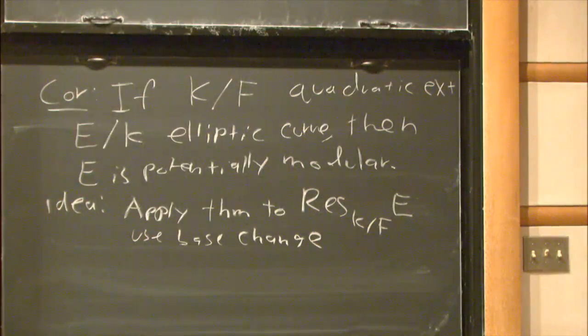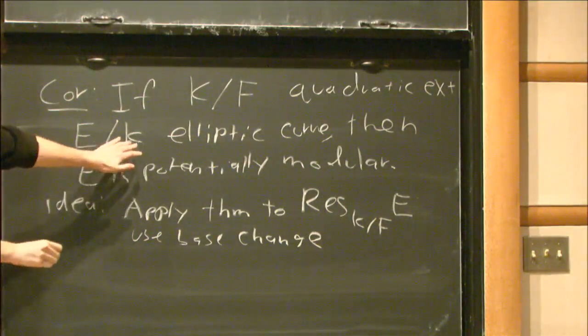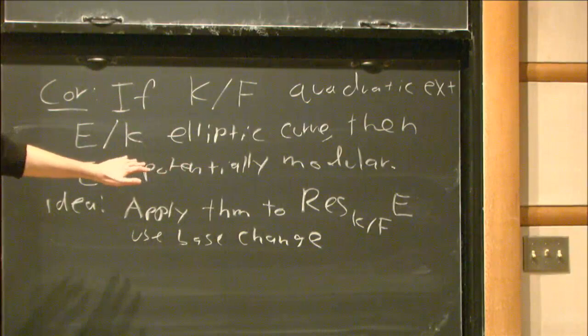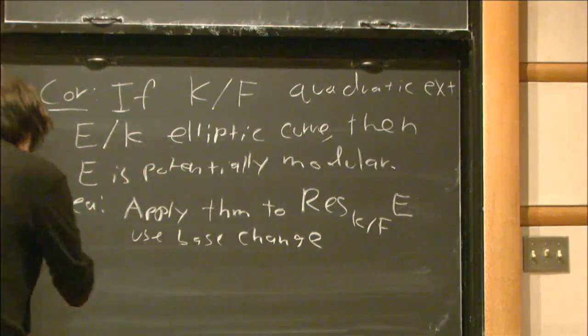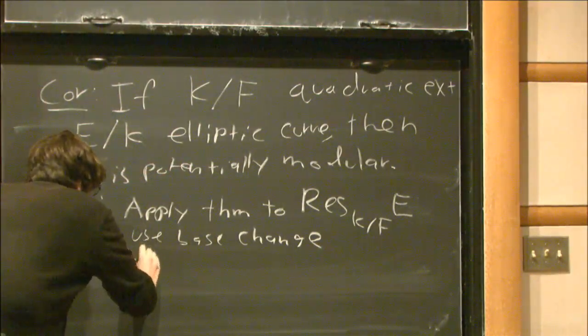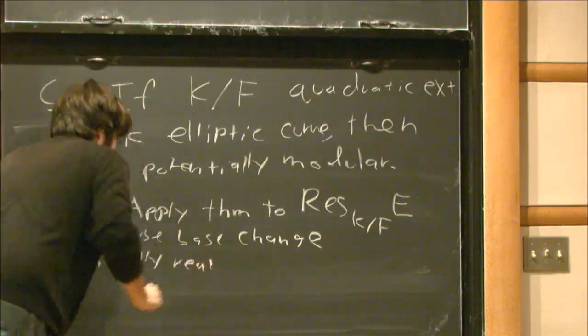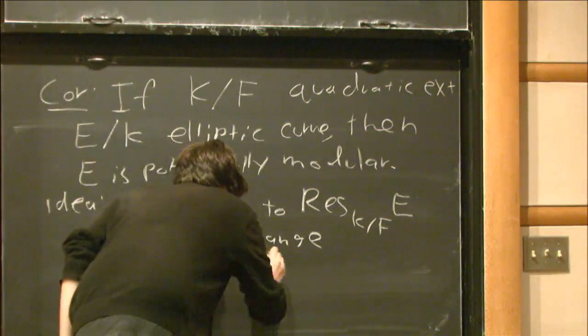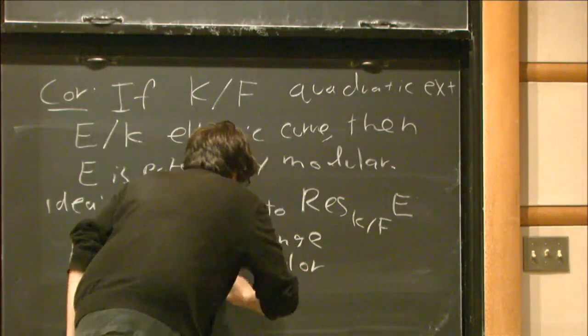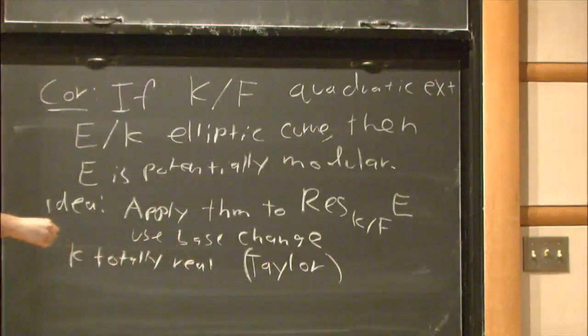The interesting thing about this corollary is that K doesn't have to be CM. If K is totally real, then this is an old result of Taylor's in the very first work on potential modularity.